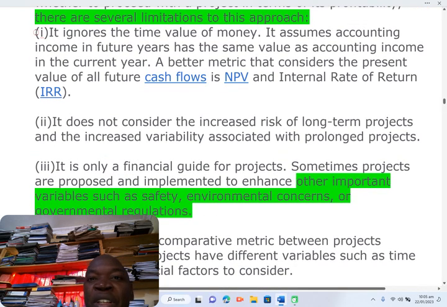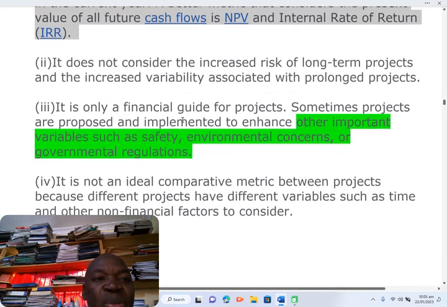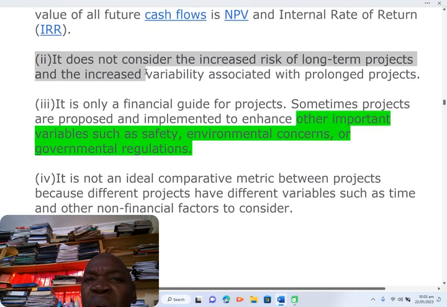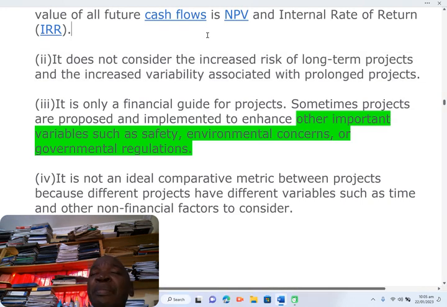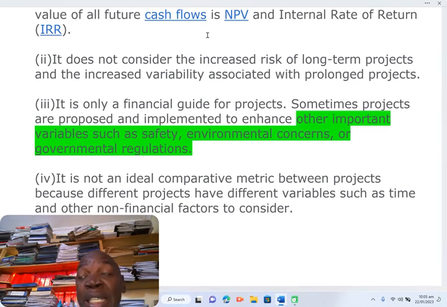The first one, we have discussed, but this one here: it does not consider the increasing risk of long-term projects and the increasing variability associated with prolonged projects. So this method does explain prolonged projects, but it does not explain the risk that may arise when a project manager extends the project.